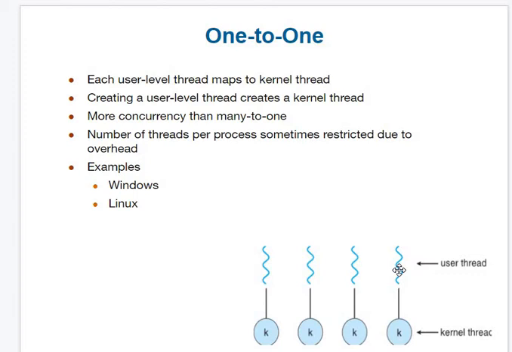Even though the user threads are different, every request is handled by a separate kernel thread, so the service will be fast. Because each user has a separate kernel thread, we can expect faster execution, but it is also costlier. The two OS that provide this are Windows and Linux.